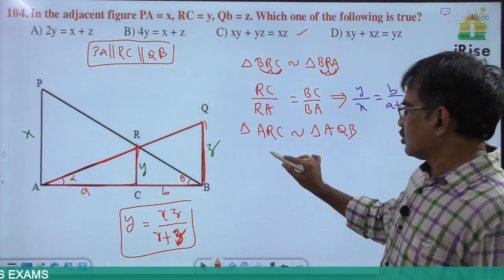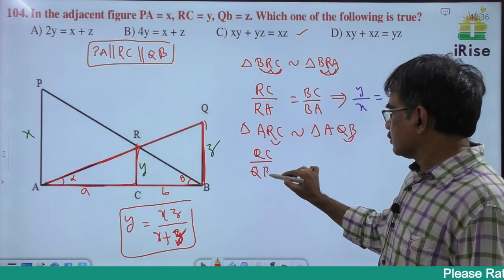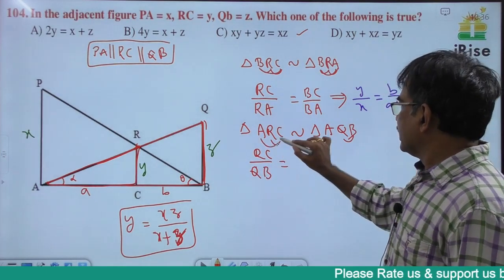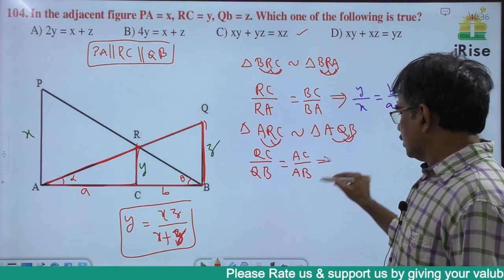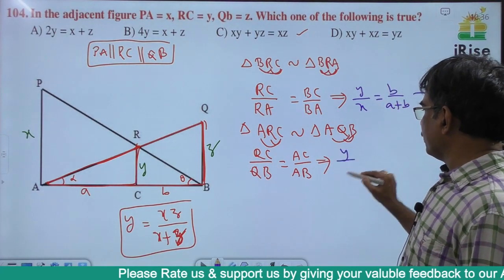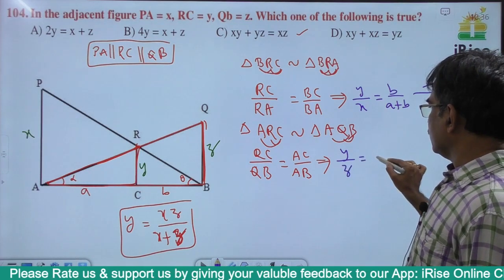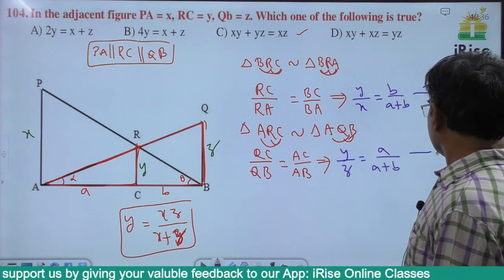So in this case also, RC by QB is equal to AC by AB. This implies what we get here? RC y by QB z is equal to AC a by a plus b, equation 2.